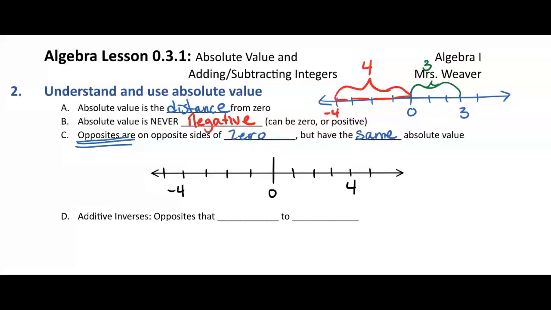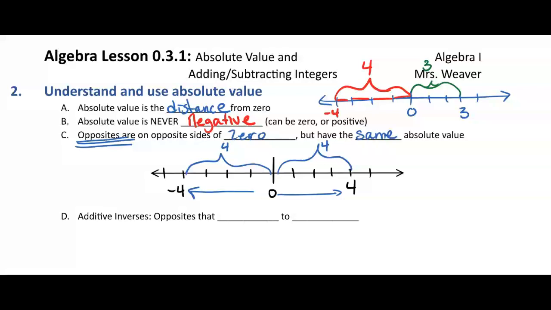These have the same distance from 0. They're both 4 units away from 0. But they're on opposite sides of 0.